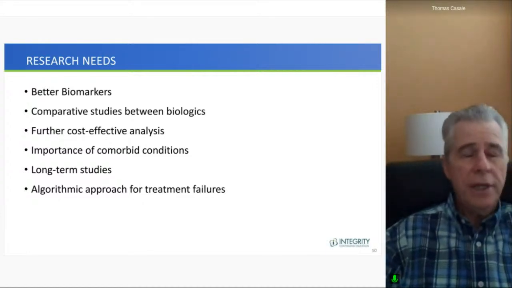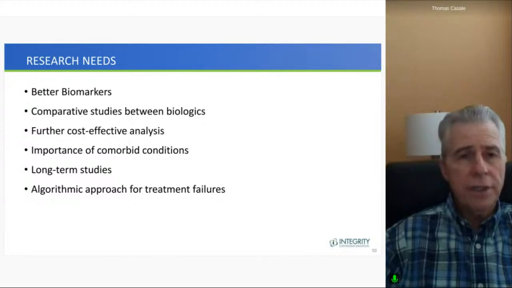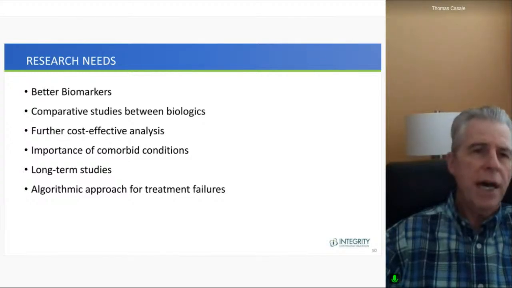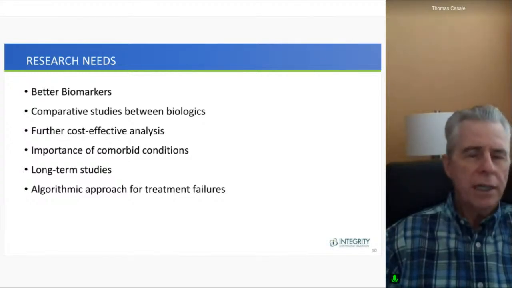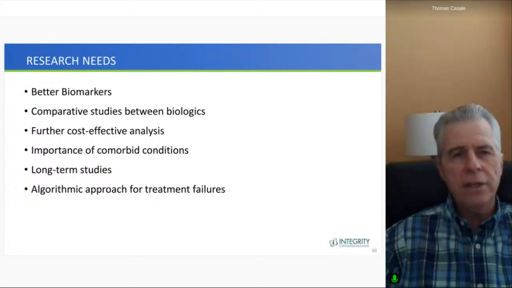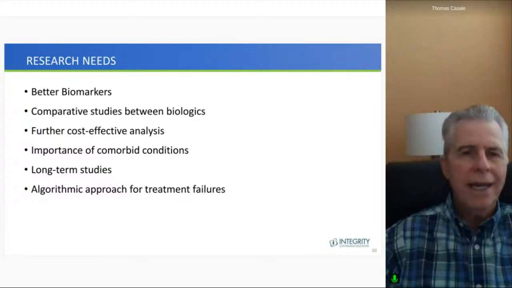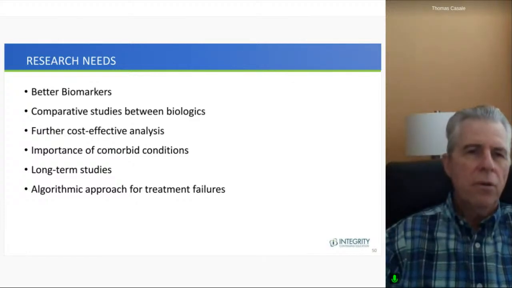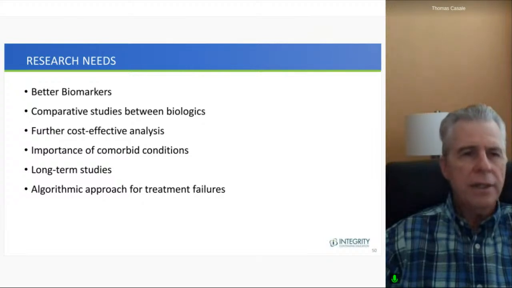For the patients that have similar characteristics, it's great that we can conceive of having comparative studies between the biologics, direct head-to-head studies. We also have to explore cost because these biologics are very expensive and there's no evidence that they cure disease.